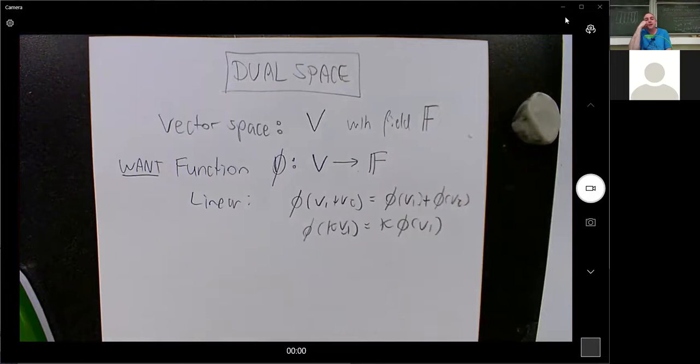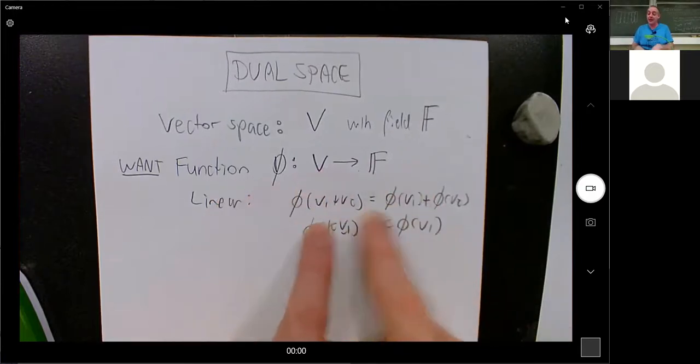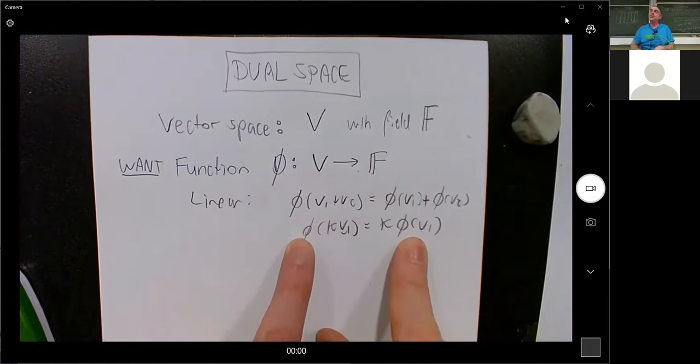Cool bananas. If you take the collection of all of these functions, then they themselves also form a vector space. If you take the collection of all possible functions from V to F that are linear, then together those functions form a vector space.